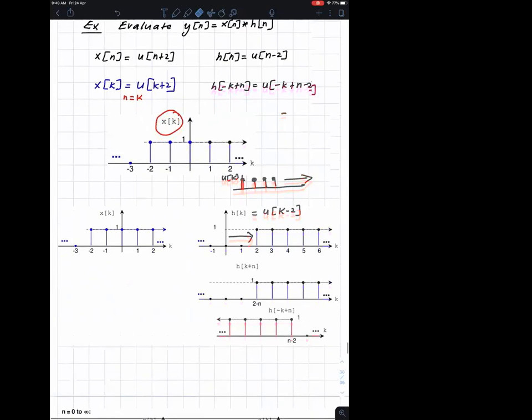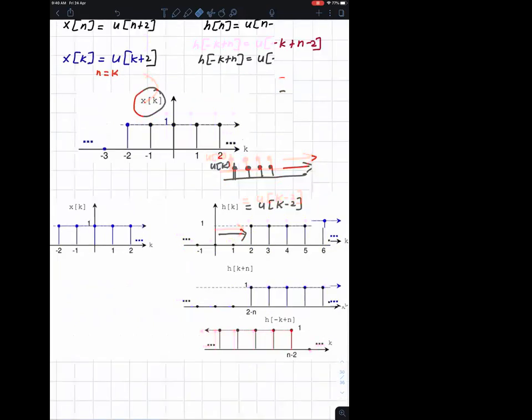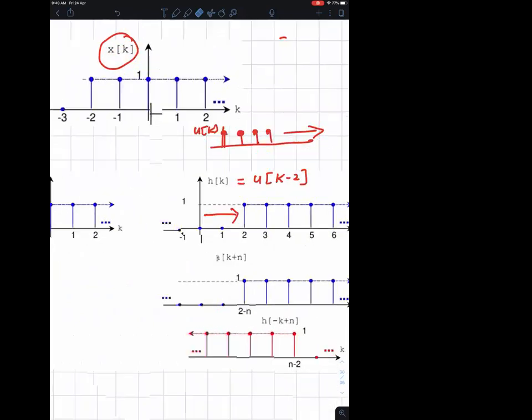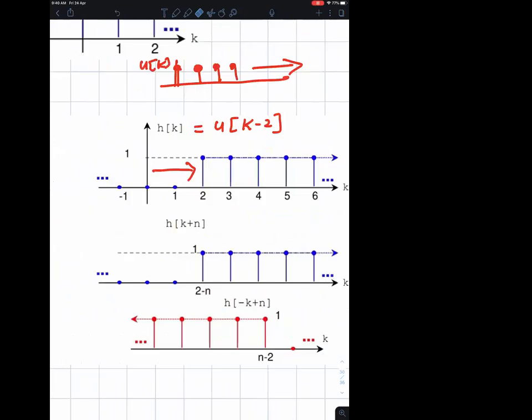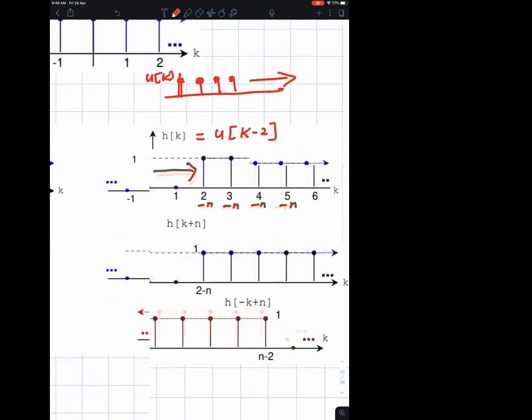In this case, it's not inverted. So if the signal is not inverted, plus n becomes minus n. So that's how you get minus n.